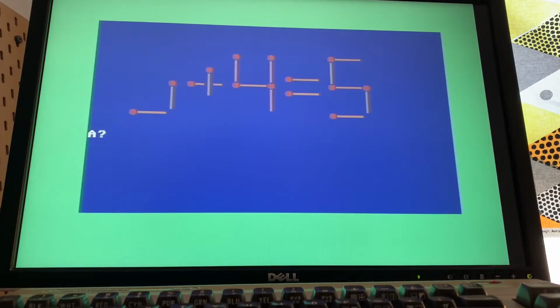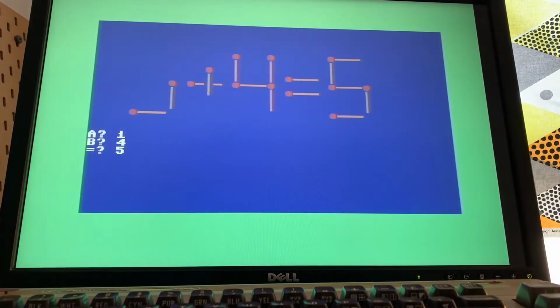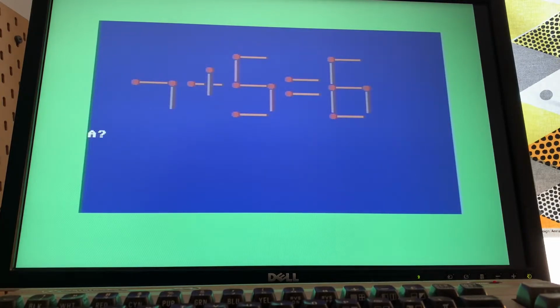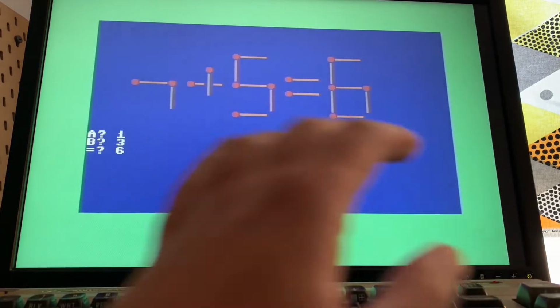Okay, and then the last one, this one goes here. 1 plus 4 is 5. Okay, so now I will just try to break it by answering incorrectly. Okay, that was not a good go. 1 plus 5 is 6, but let's say that 1 plus 3 is 6.